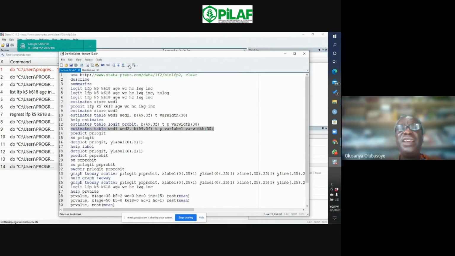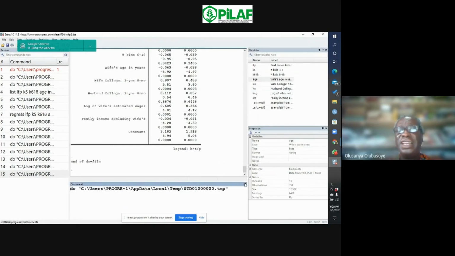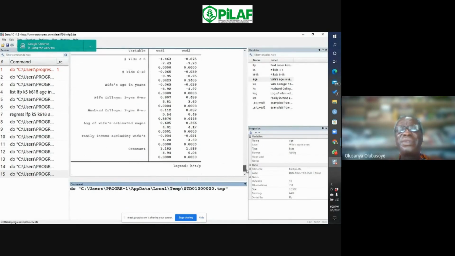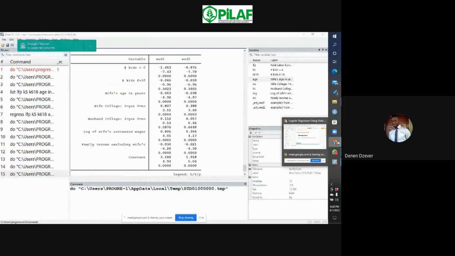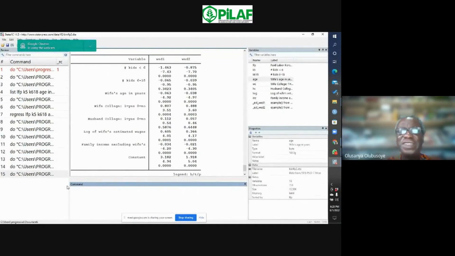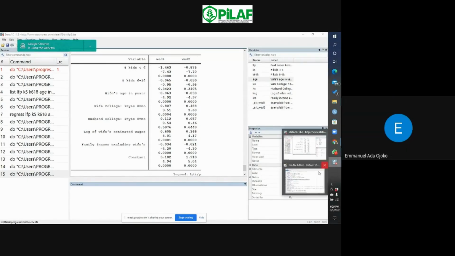Is it not better this way? It is better, Prof. That way we know what we are talking about. So some of these things you can try so that you can see.